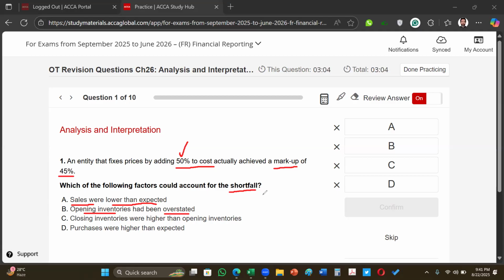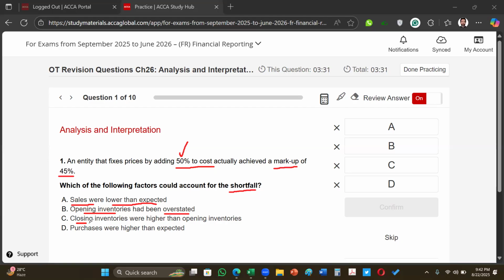So due to this error, we would have a shortfall. Okay, so option B seems to be the right answer. Let's look at the other things. The closing inventories were higher than the opening inventories. You see, the closing inventories are the items that are not sold. When they are not sold, they're not in the selling price and they're not in the cost of sales.